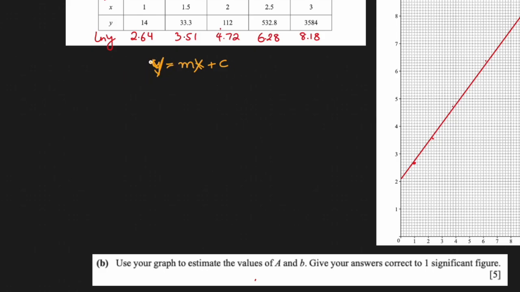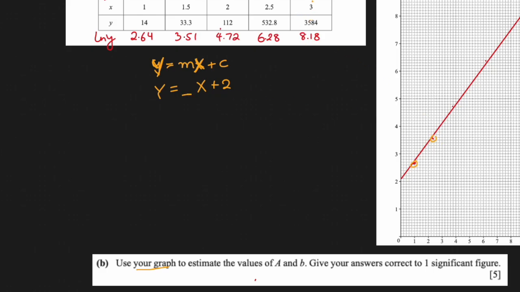This is natural log y and this is x square. So that's why I'm using the capital X. Can you see 2.1 seems to be the y-intercept, or since I've gone a little above these points, let me make 2 the y-intercept. They said use your graph, so I'm using the graph. Uppercase Y equal to M uppercase X plus 2, and M, the gradient, has to be taken from the graph.